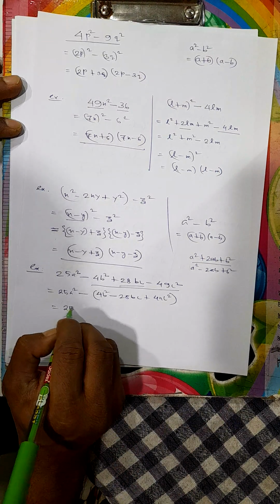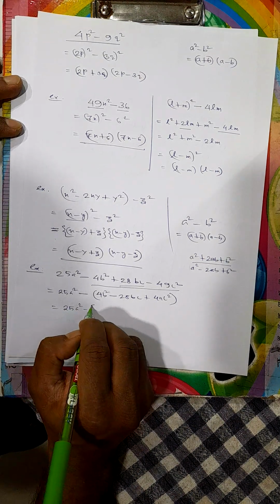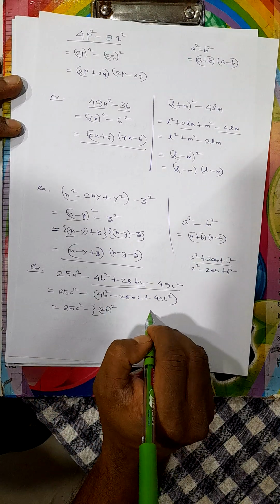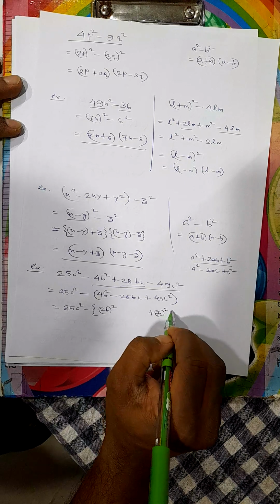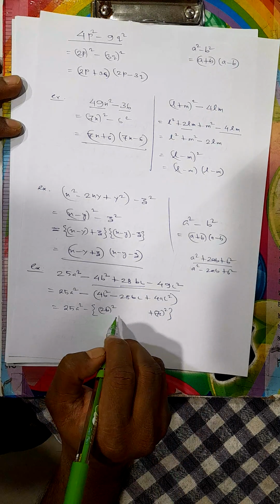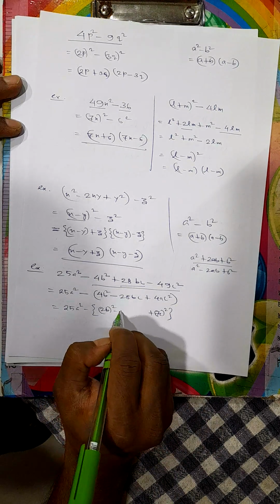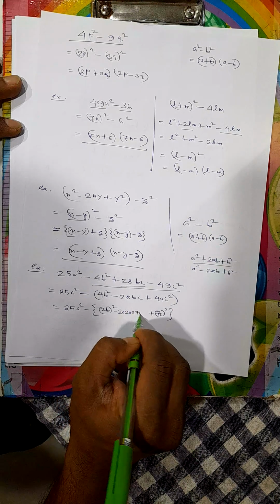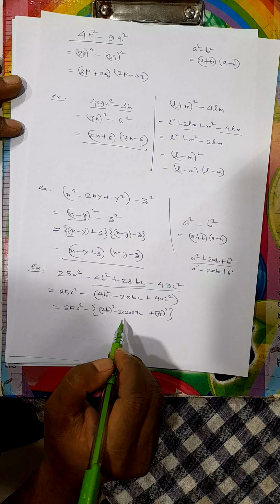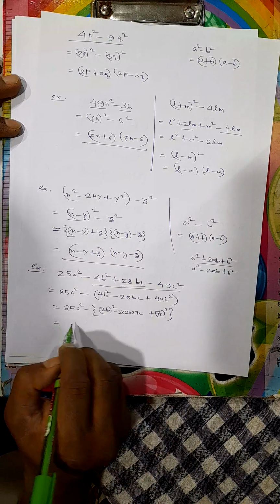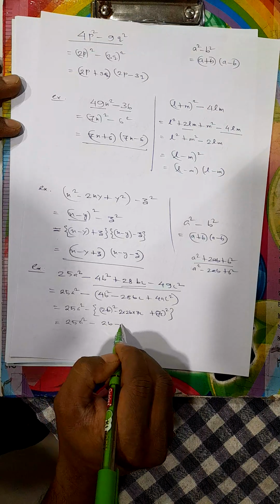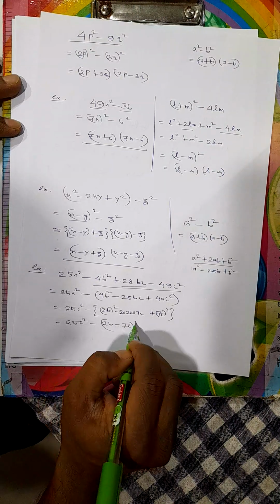So let us write this. b square, this you can write as 7c whole square. So it is a square, this is b square. The middle term should be twice of a multiplied by b. So it is a square minus twice ab plus b square. So you can write it as a minus b whole square.